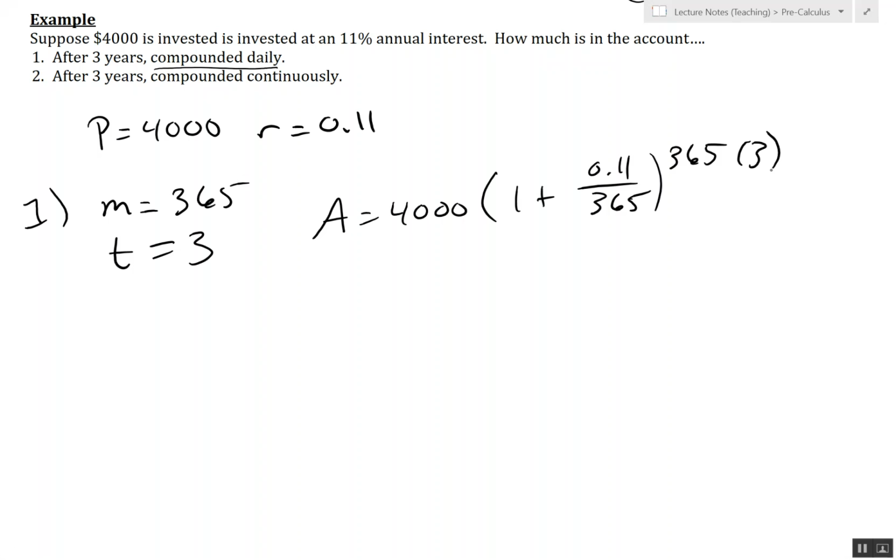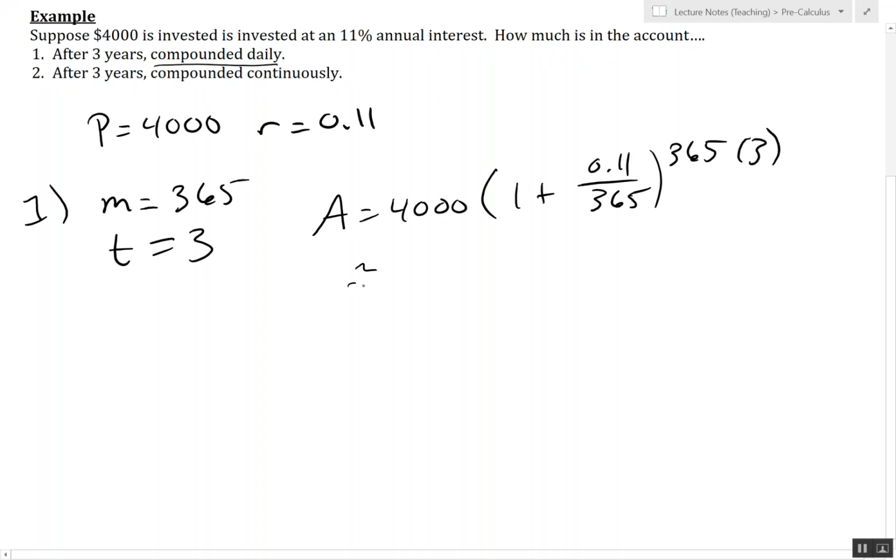So there's a set number of time intervals in a year. And when we calculate that out, notice that this is approximately equal to 5,563.60.